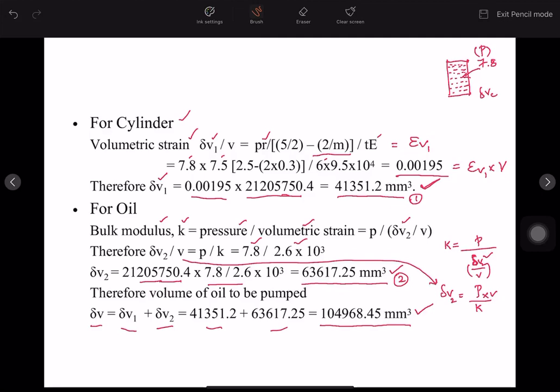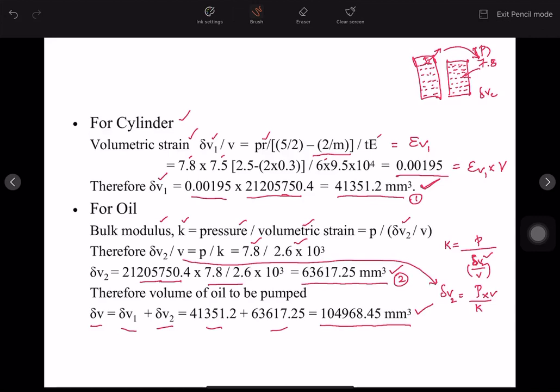So after enlarging, there will be a gap of oil in the cylinder, right? Now we need to calculate this additional volume of oil to be pumped into the cylinder so that we can achieve this internal pressure.